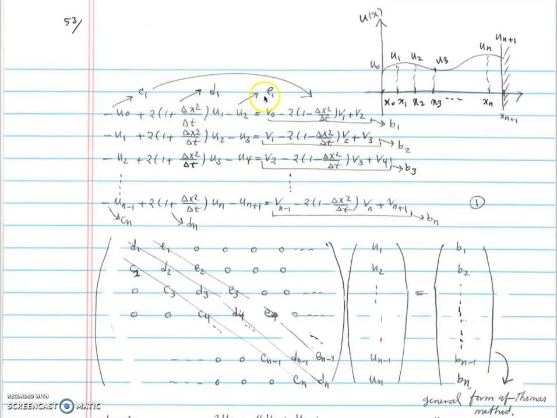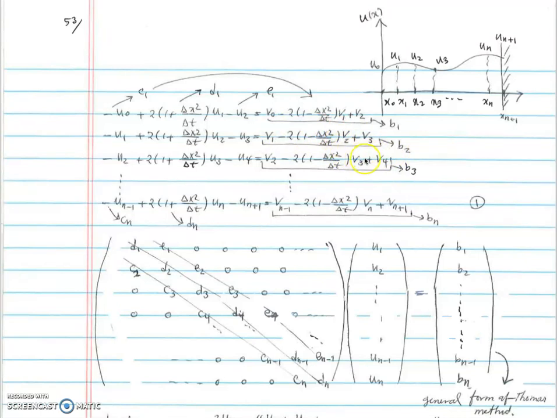This negative 1 becomes e1. All on the right, I'm going to call it b1. The second equation, I'm going to call all variables subindex 2. So this one becomes c2. This whole coefficient becomes d2. This negative 1 becomes e2. All on the right becomes b2.